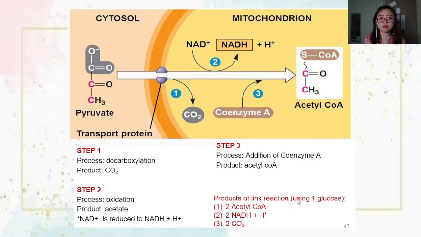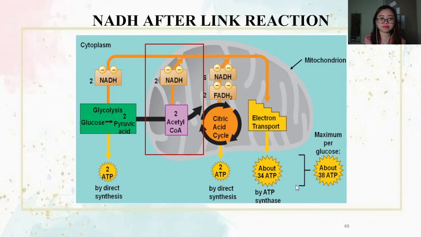So if we're talking about how many products can we get from link reaction if we start with 1 molecule of glucose, from 1 molecule of glucose we can produce 2 molecules of acetyl-CoA, 2 molecules of NADH plus H plus, and 2 molecules of carbon dioxide. And that very simple part is explaining the link reaction.